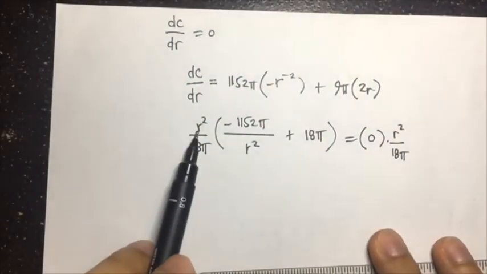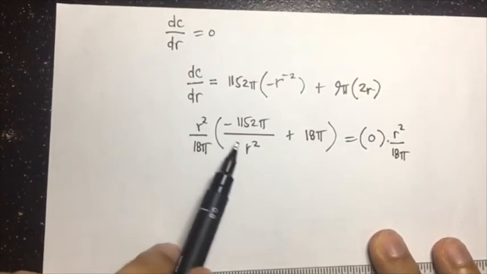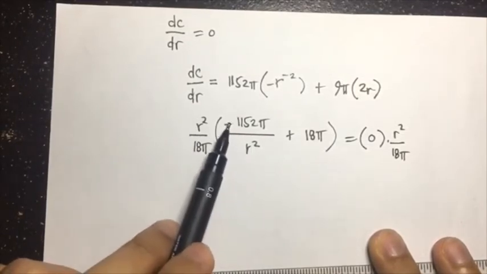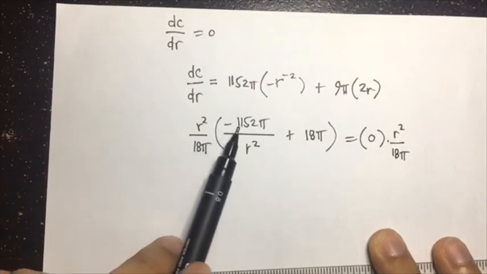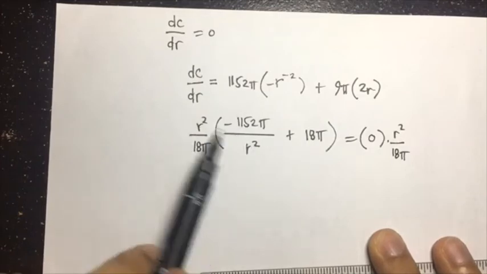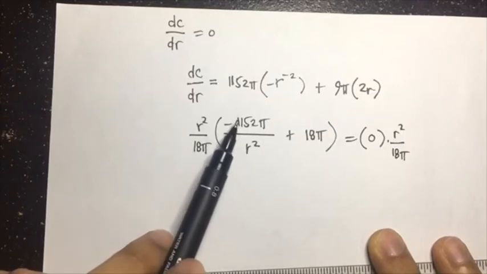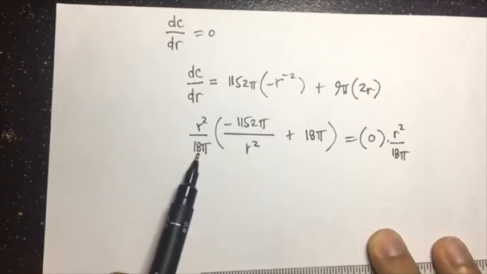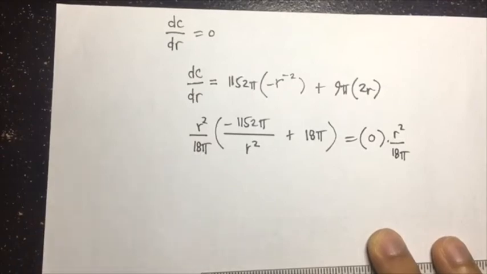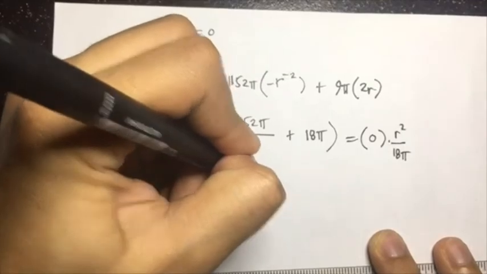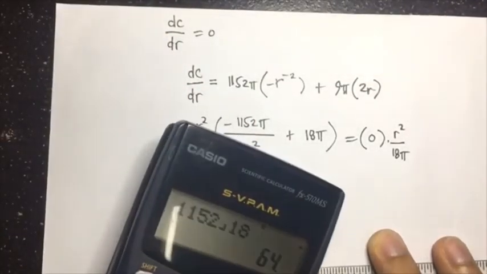Multiplying this, for the first term, it will eliminate r squared. We will also divide negative 1152 pi by 18 pi. So that will become, it's not 16, it's 64.